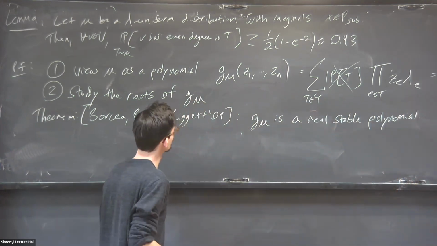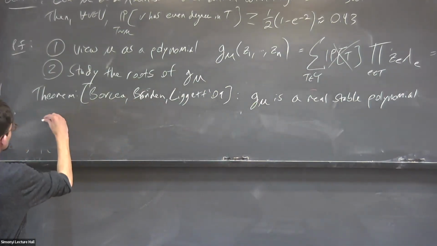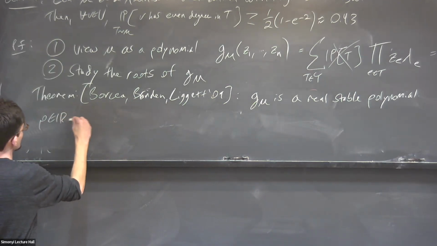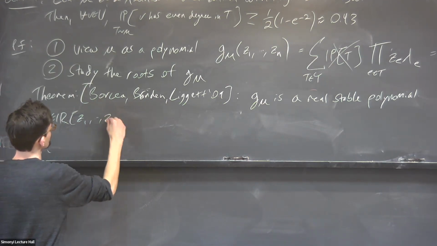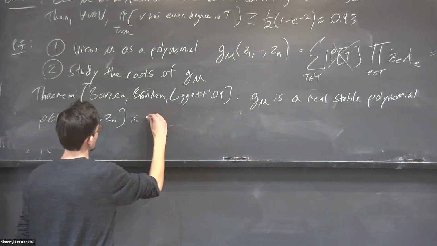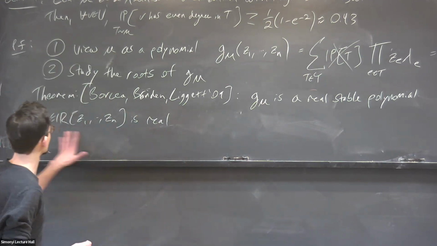So what does this mean? A polynomial P with real coefficients is real stable. The real part just means it has real coefficients.